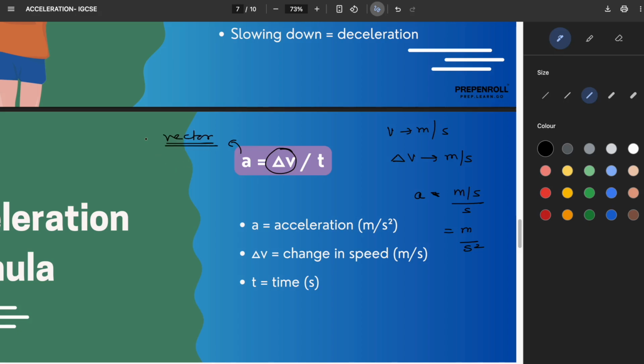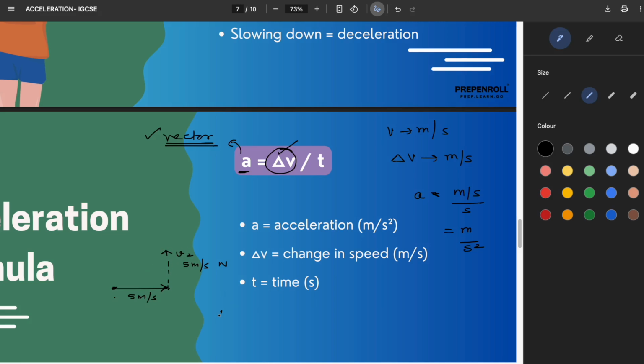Now the question is, what is the direction of this acceleration? Acceleration acts in the direction of the change of velocity. Suppose you are moving at, let's say, 5 meter per second east, and then you moved here and you have 5 meter per second north, right? So this is the direction where you have V1, and here you have V2, right?